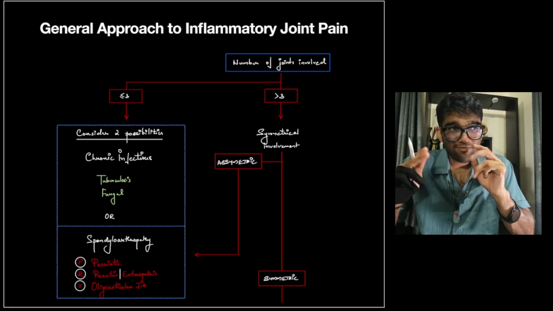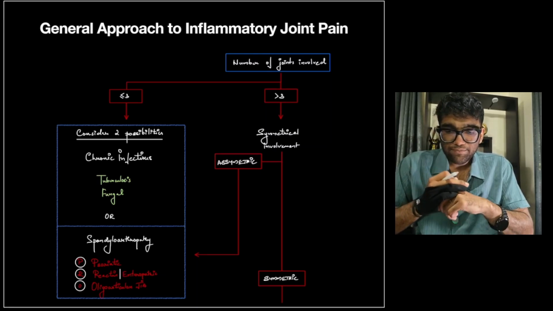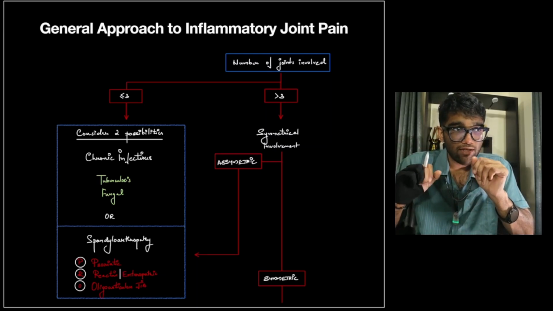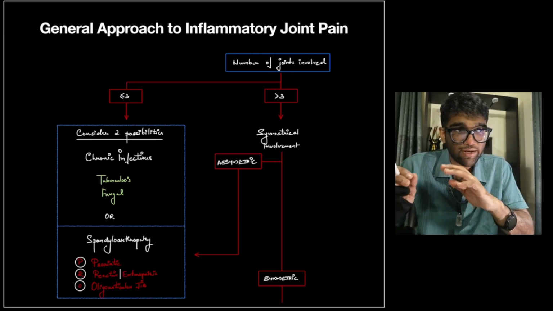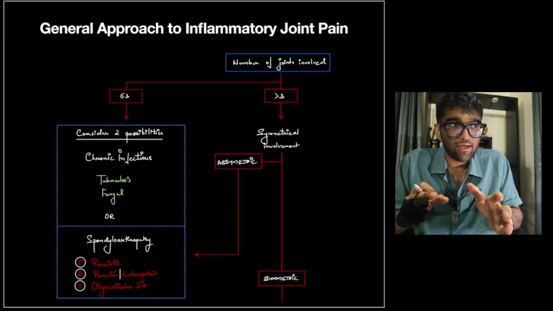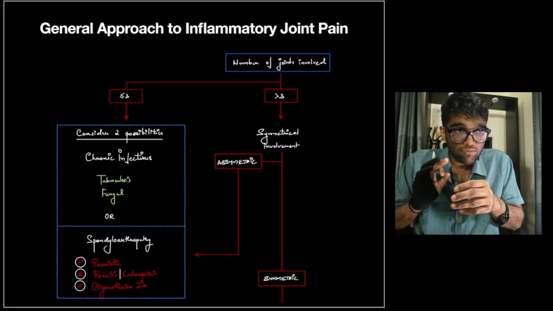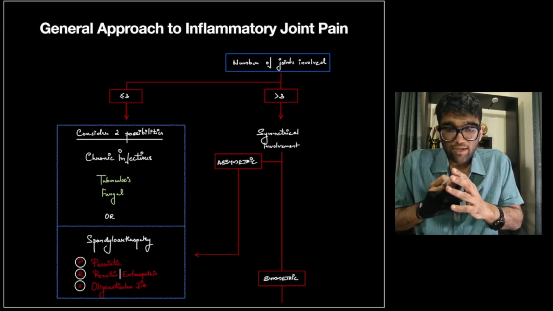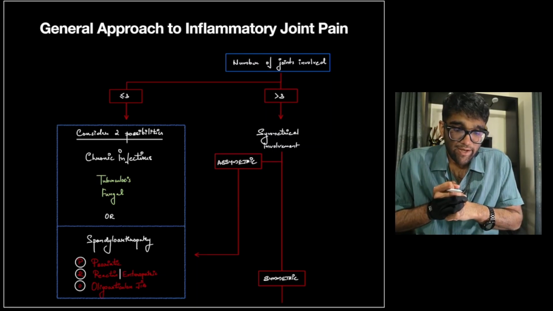Now, this number of 3 is a little arbitrary actually, and doesn't exactly equal the terms oligoarticular or polyarticular. Formally, the terms oligoarticular and polyarticular are used in the ILAR classifications for juvenile inflammatory arthritis. There the cutoff is actually 4, that is, oligo is less than or equal to 4 and poly is more than or equal to 5.